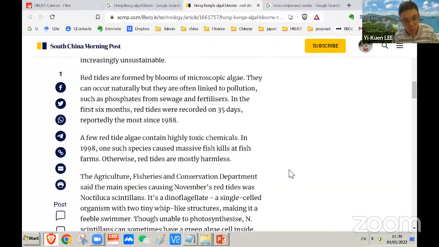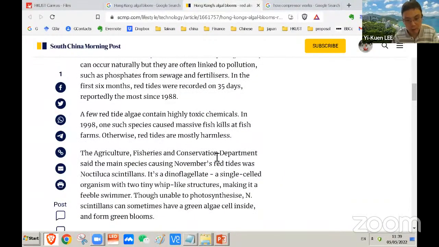I have an ongoing project with our former Vice President of UST, Professor Lee, working with the Hong Kong government, AFCD, to solve this problem.